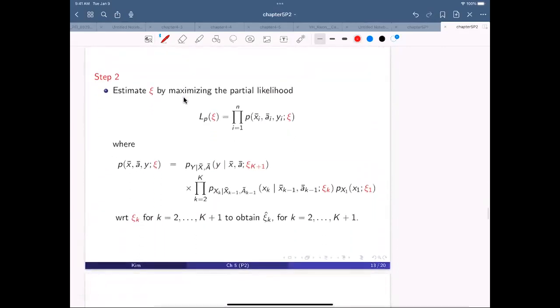The likelihood function that we're going to use is this: individually we have the observation x bar i, a bar i, and yi. The individual observation can be used to compute the value of the joint density in terms of the unknown parameter.